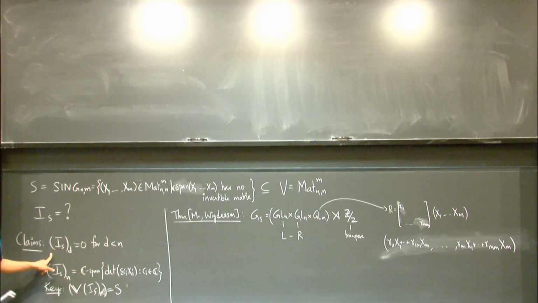An ideal is homogeneous if it's a direct sum of its graded components. Here's concretely what I'm saying: if you take a polynomial of degree less than n, there will be some point in the subset that it doesn't vanish on.